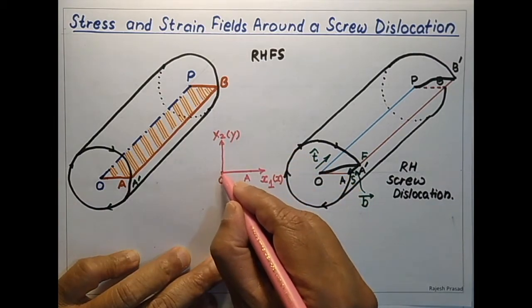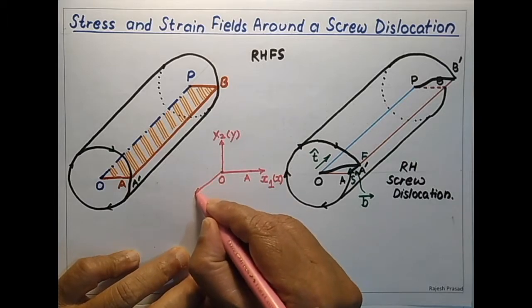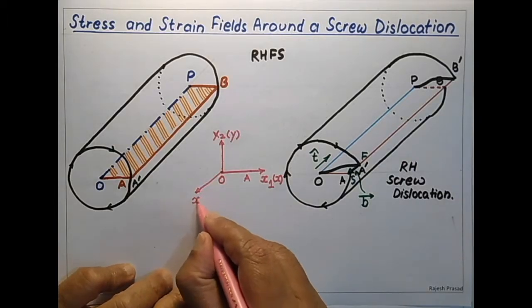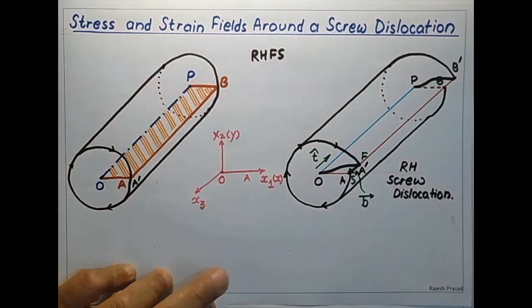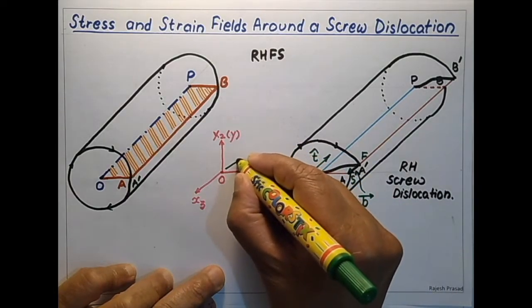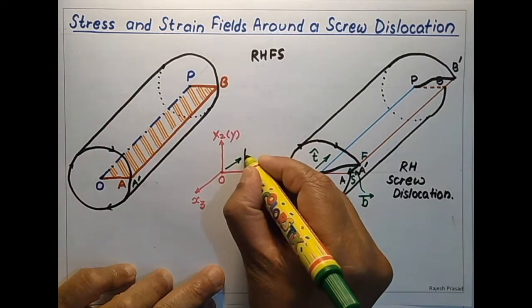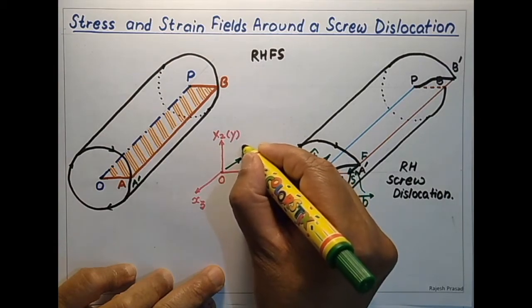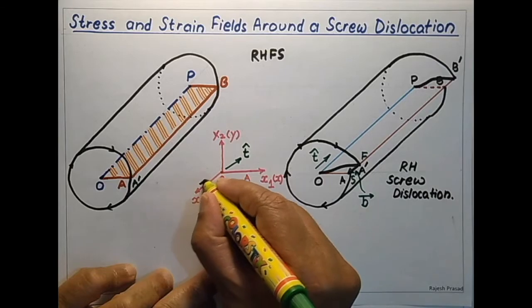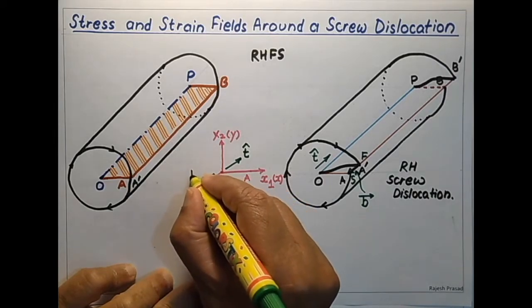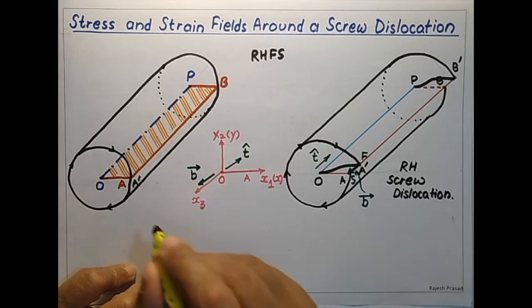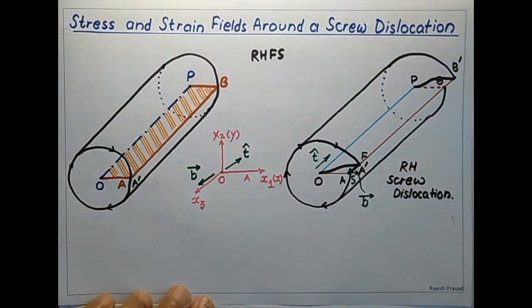And then the z-axis or the x3 axis is parallel to the dislocation line. So in this configuration, you can see that the t vector is pointing in the negative z direction, whereas the b vector is in the positive z direction. T and b are anti-parallel in our RHFS convention for a right-handed screw dislocation.